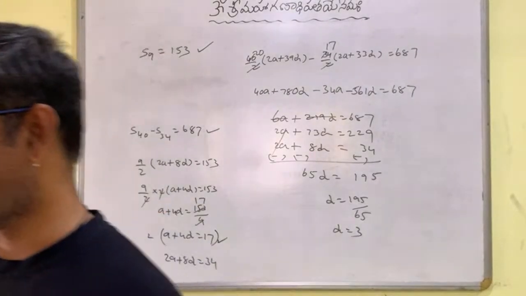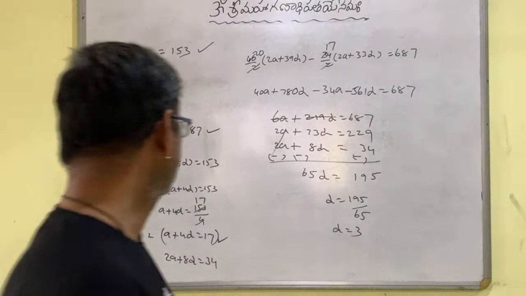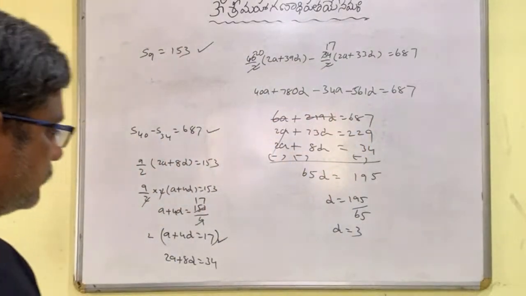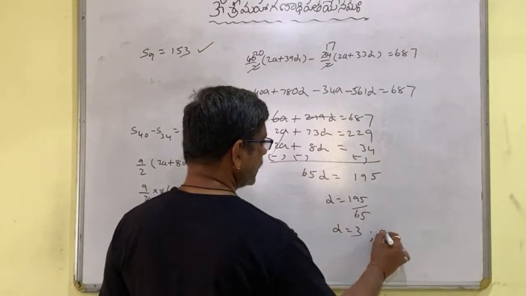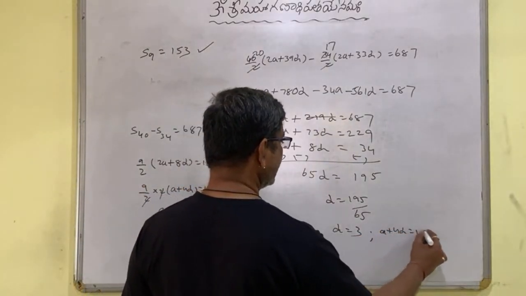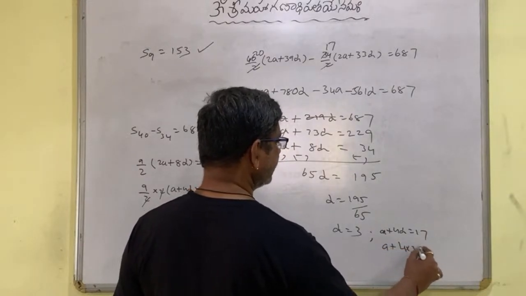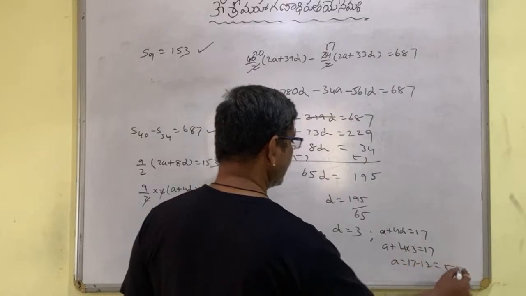Then what is a? If d is 3, what is a? A plus 4d is 17. A plus 4 into 3 is 17. A is equal to 17 minus 12, which is 5.